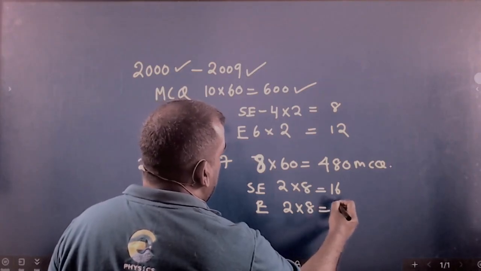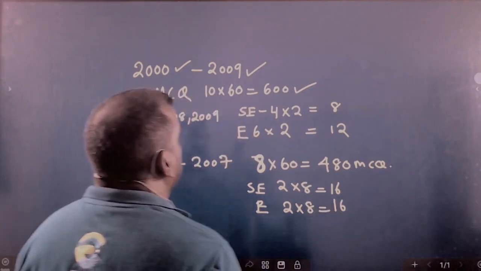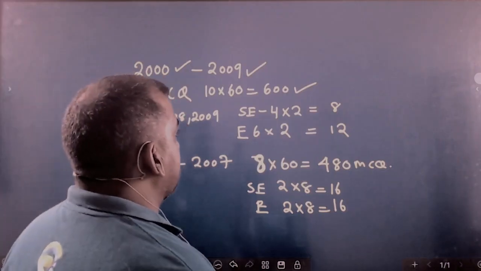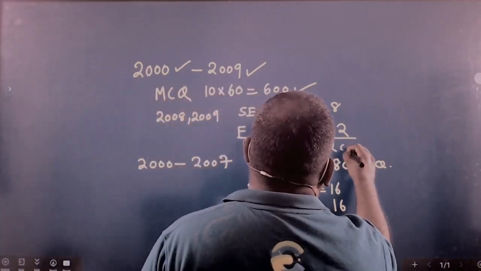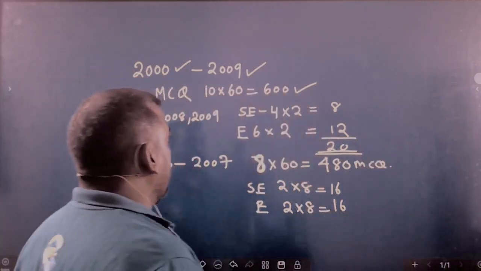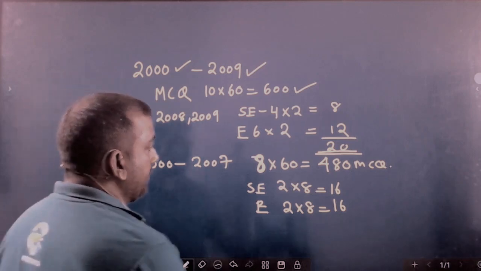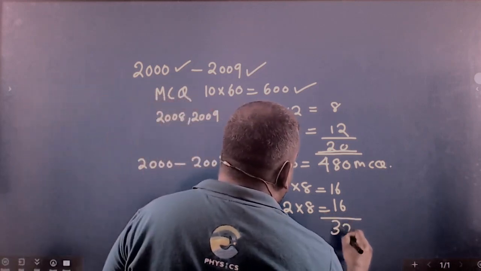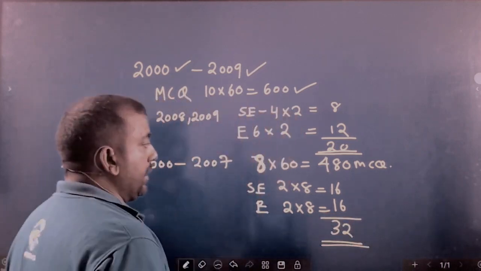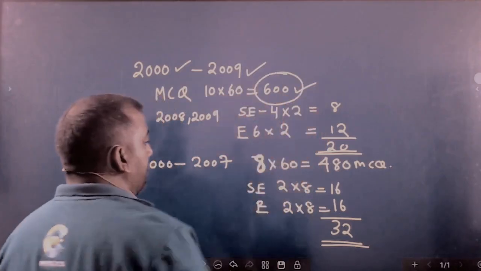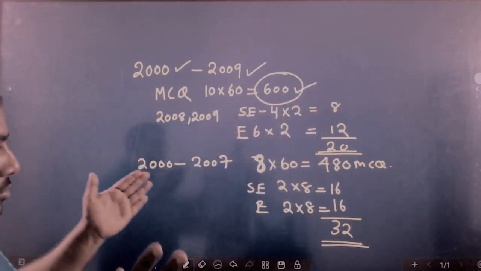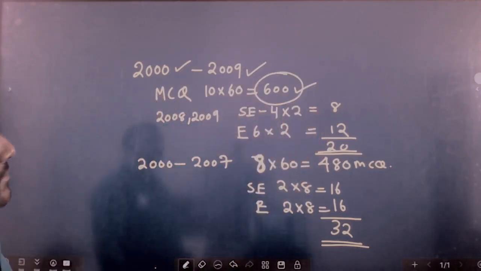There, 16. You can see how much we just completed here. 20 essay, structure, here 32, and MCQ 600. So the amount of work done there is also huge.